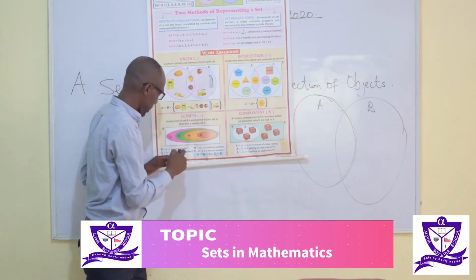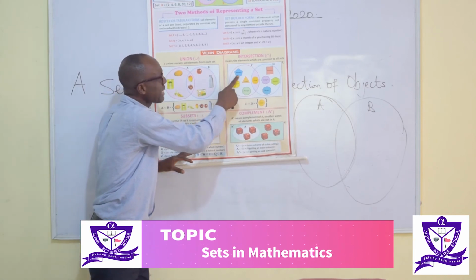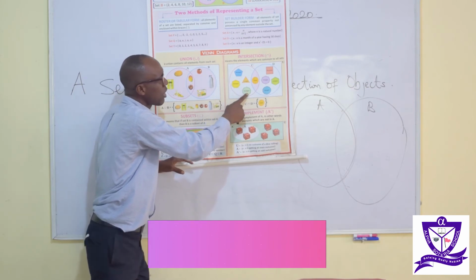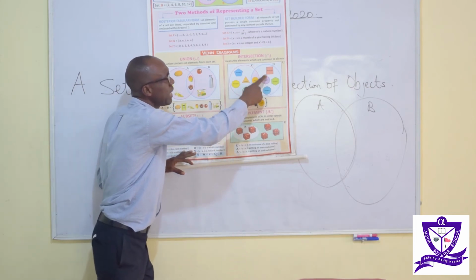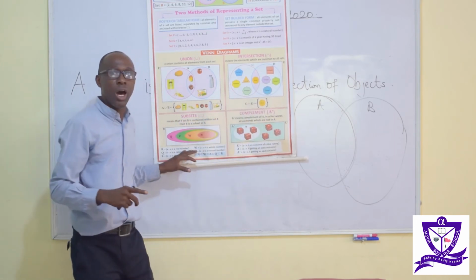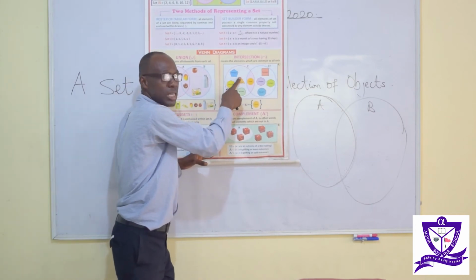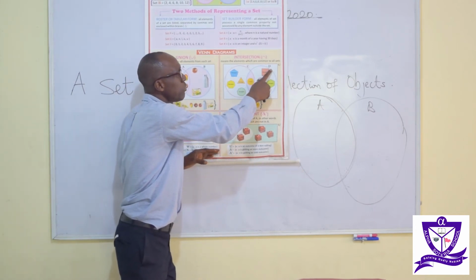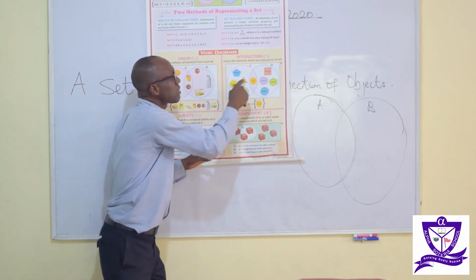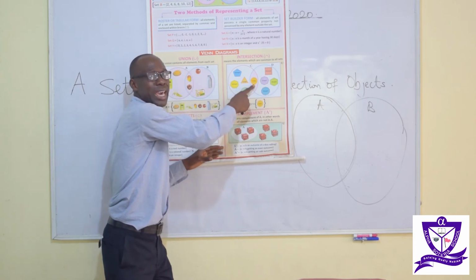Look at this area. We have different shapes: pentagon, triangle, heptagon, nonagon, circle, octagon, rectangle, heptagon, and decagon. All these are different shapes in the elements of C and in the elements of D. But these two Venn diagrams intersect at circle.